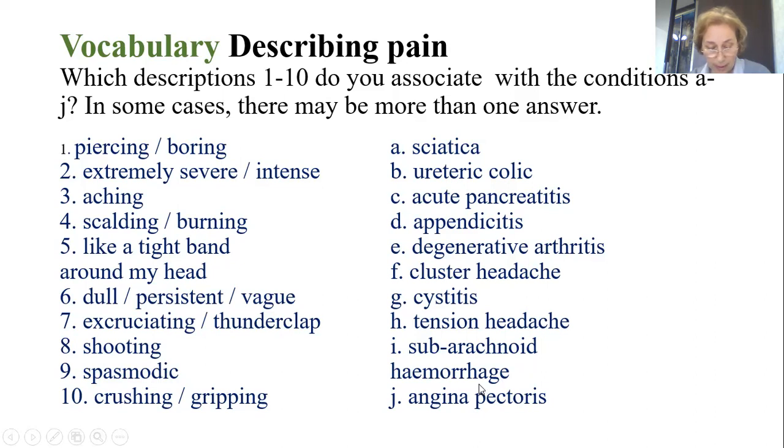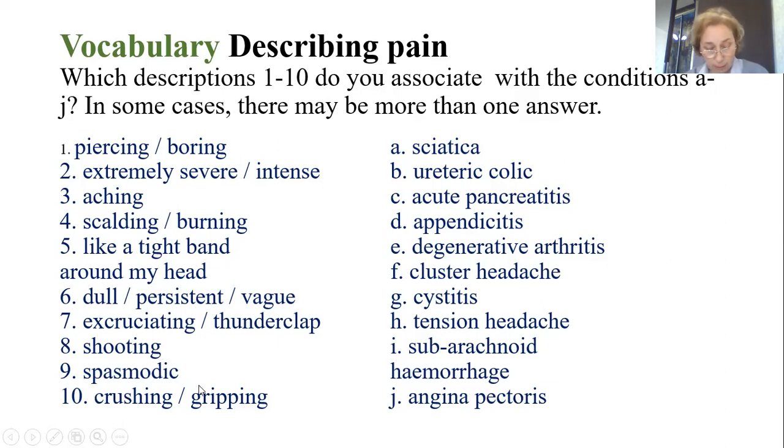And spasmodic, no, shooting. So I think shooting more suits hemorrhage. Okay, or it's very common for sciatica. So shooting pain that goes from the back to the leg, for example.